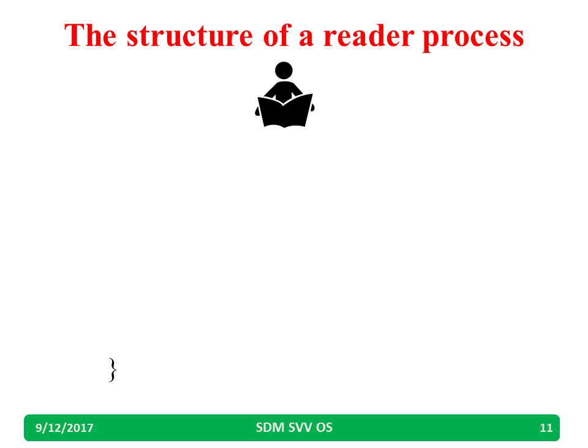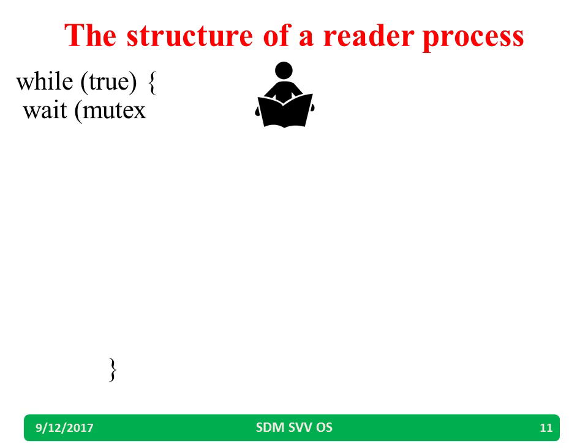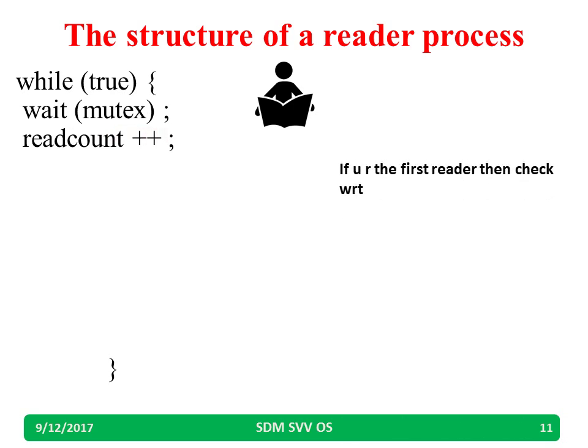The structure of the reader process: while true, wait for the mutex and increment the read count. I am waiting for the mutex so that I can increase the read count. Then I check, after incrementing the read count, if I'm the first reader.